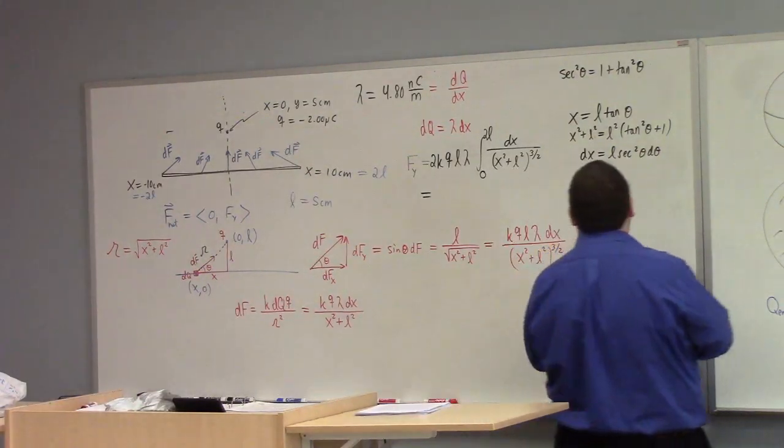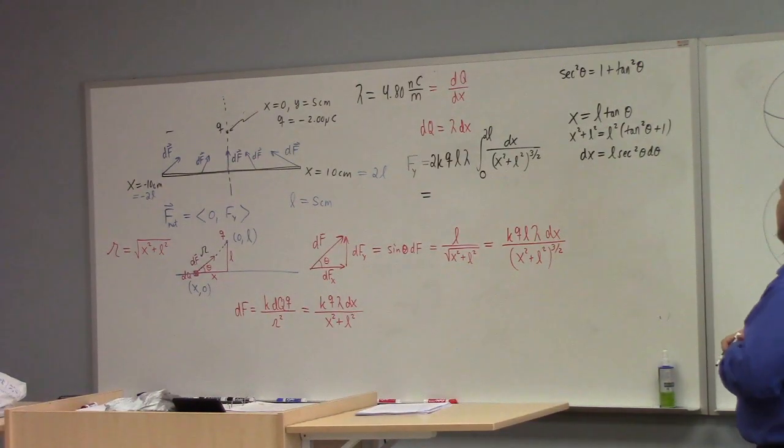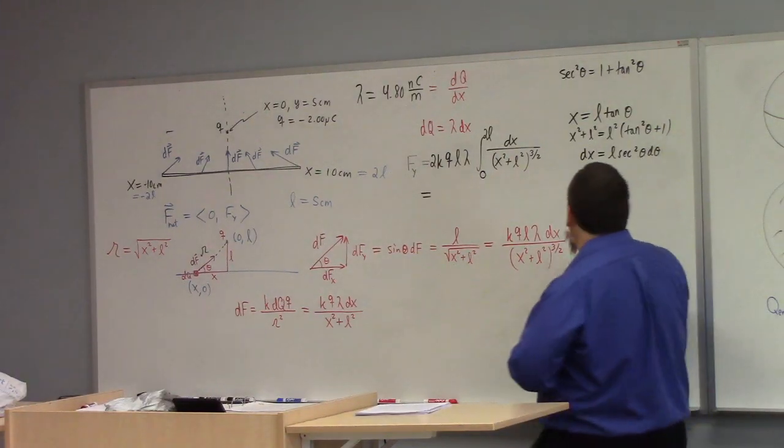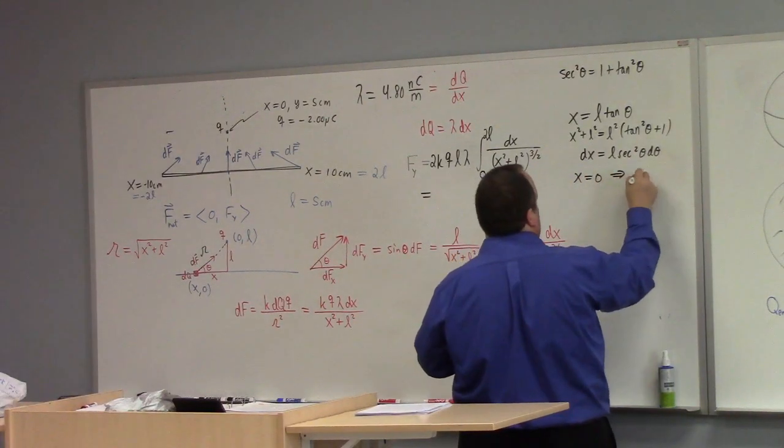The point here is that if x equals 0, that implies theta is equal to 0.